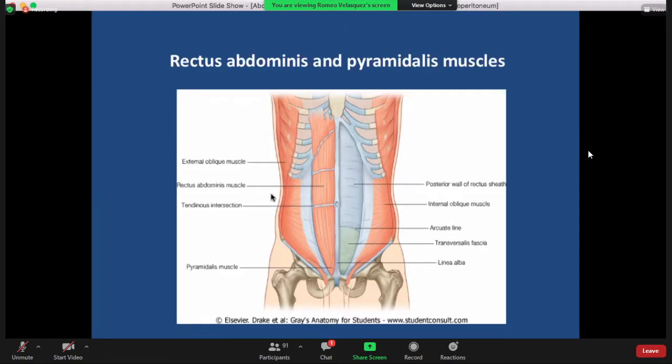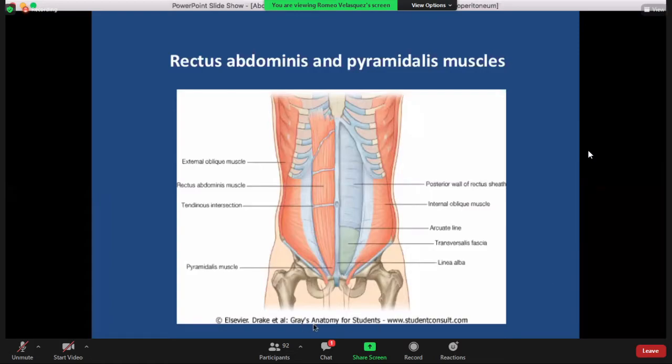So you can see here nicely the layers of the flank, the thin muscles on the lateral wall of the anterior abdomen. External oblique right there, and then what comes next will be internal oblique. And the pyramidalis muscle is also seen in this illustration. So there you have it.